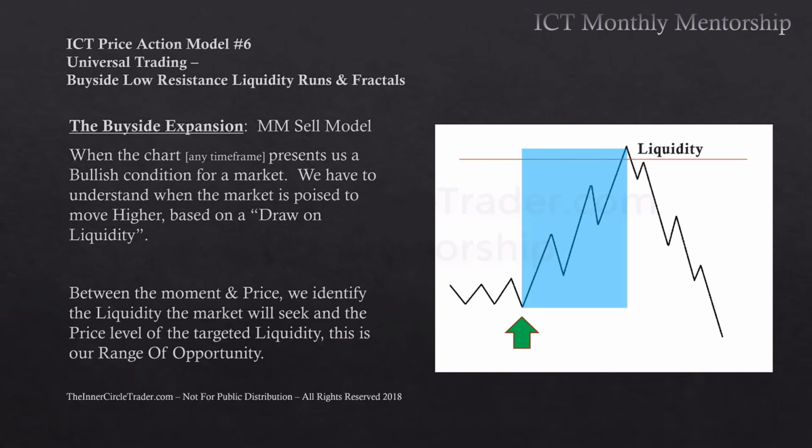Okay, so the pattern or the setup, if you will, is the market maker sell model, and we're using the buy side of the curve. Before it turns and reverses, everything to the left of the reversal point is our range.